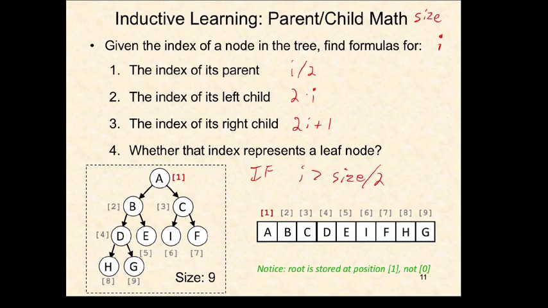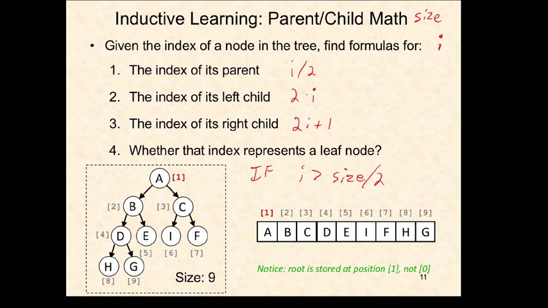If we start doing 2 times I is greater than size, or less than size, we might run into a little bit of edge case problems there. So I know this formula works that I wrote down. There's others, if we're really careful with our edge cases of like even number of nodes, odd number of nodes, we could get other formulas that possibly work also.